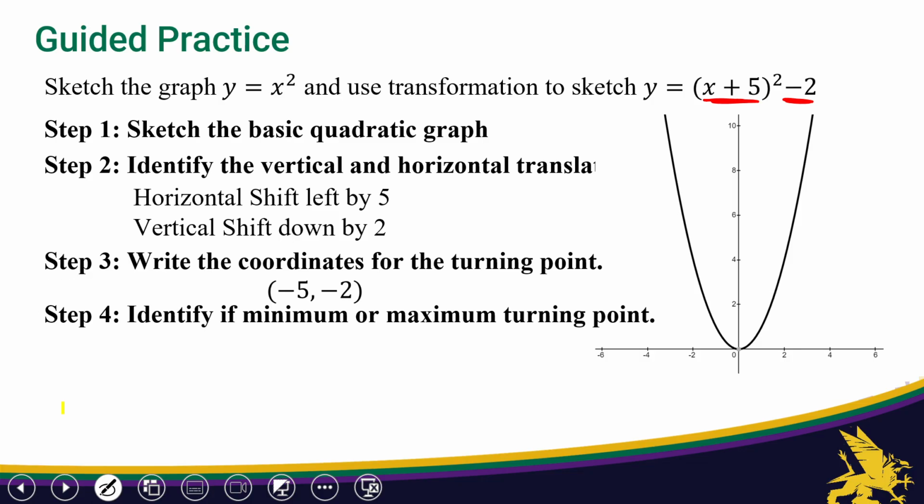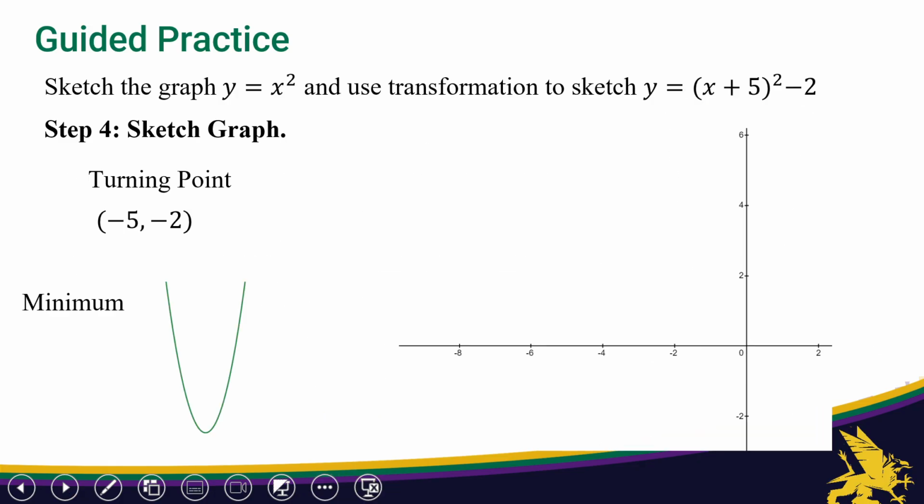The next step, I need to identify if it's a minimum or maximum. Well, the number on the outside here is positive, which means it has to be a minimum. I'll use that information now to graph. So the first thing I'm going to do is label my turning point, which is negative 5 and negative 2.